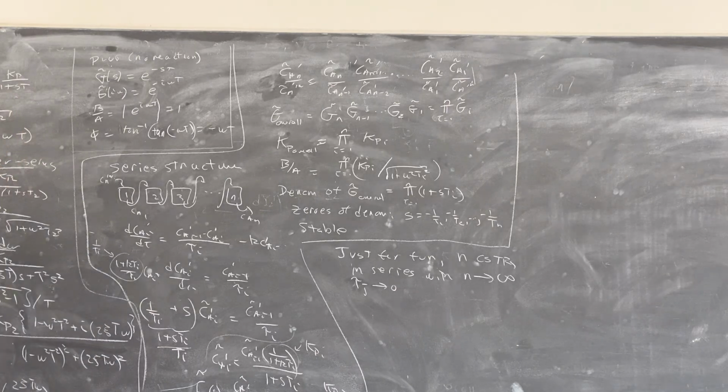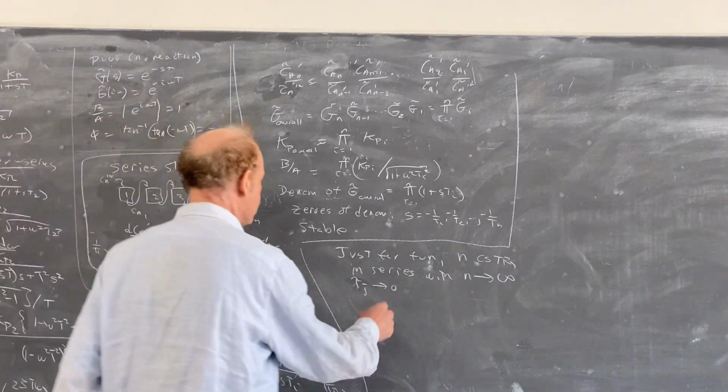So I'm going to look at n CSTRs in series where each CSTR gets smaller, but I get a lot of them, keeping the total tau fixed.